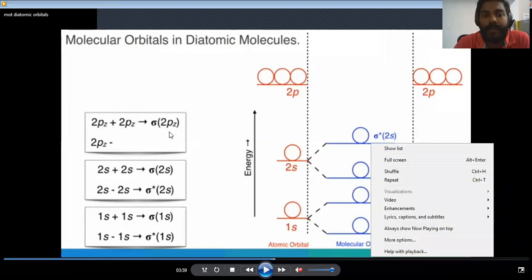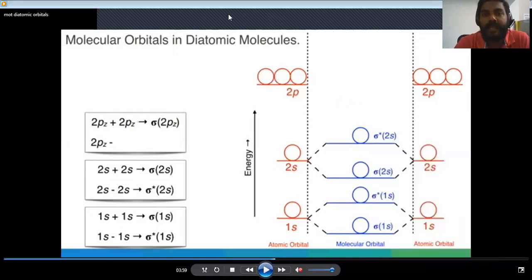Next is 2p: 2px, 2py, 2pz. Here the electrons split into bonding and anti-bonding orbitals.